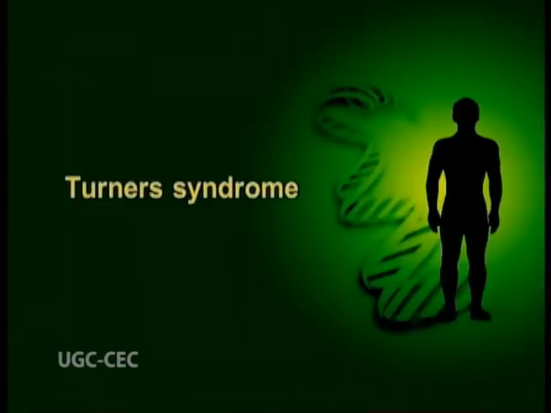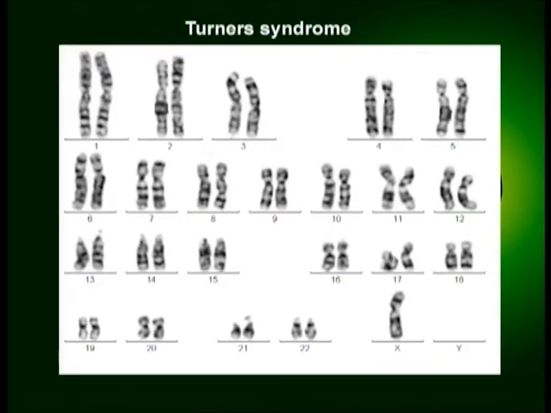The Turner syndrome, where there will be one less chromosome, there will be a total of 45 chromosomes, 44 autosomes, and instead of 2 sex chromosomes there will be only one X chromosome. Generally the frequency of Turner syndrome is 1 in 2000 to 2500 female births.